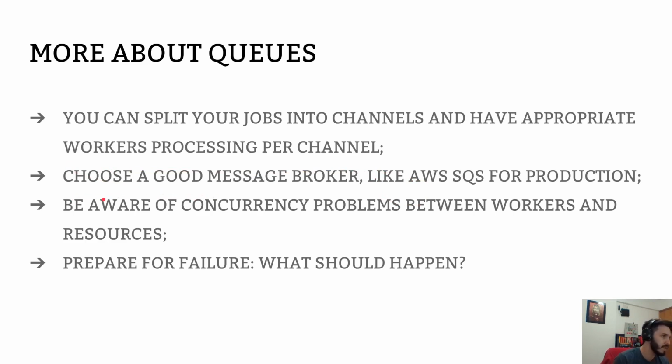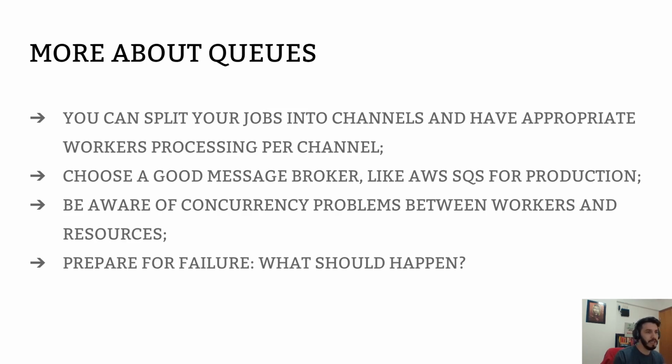Another thing is you have to be aware of concurrency problems between the workers and the resources they use. For instance, you can have different messages sent to the message broker and picked up by different workers at the same time, and these messages reference the same server ID, for instance, so they are competing for that same resource.